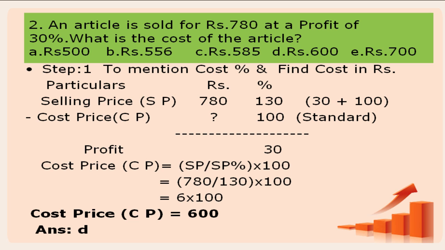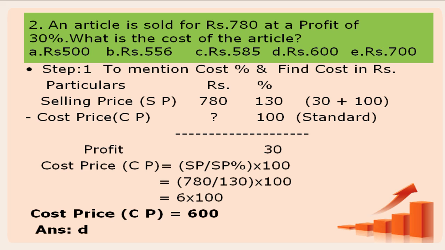Here we have to mention cost price percentage and find the cost in rupees. So selling price in rupees is 780 and profit percentage is 30. For all the given situation, cost price percentage remains as standard as 100. Therefore selling price percentage is equal to cost price percentage plus profit percentage, that is equal to 100 plus 30, that is equal to 130%.